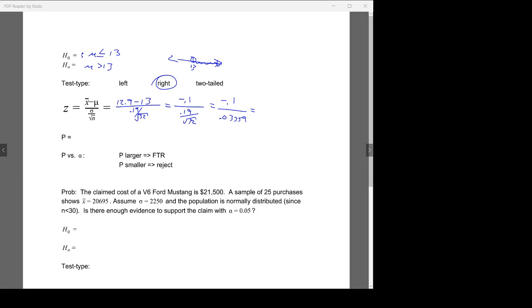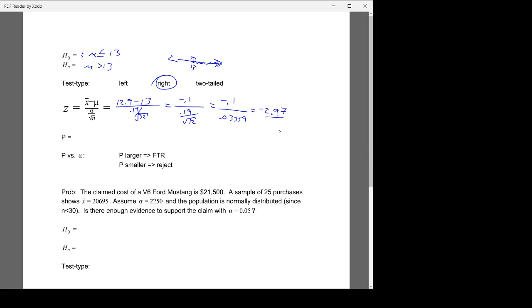I don't believe that. No, still don't believe it. Okay, 0.1 divided by 0.03359. There you go, 2.97, so minus 2.97. Now that I was able to hit the correct buttons on the calculator, we have minus 2.97 as our z value.